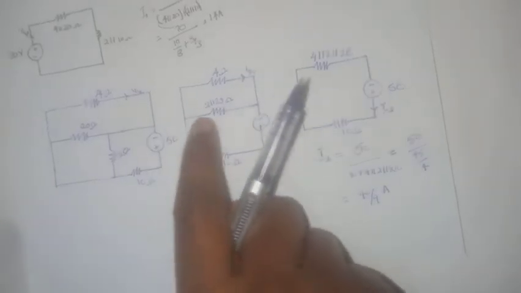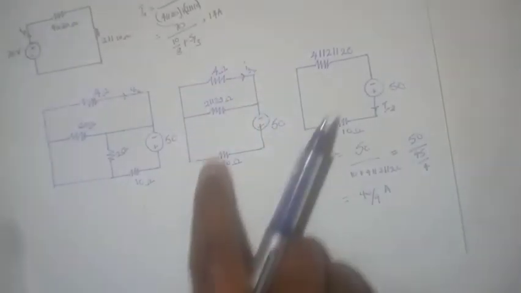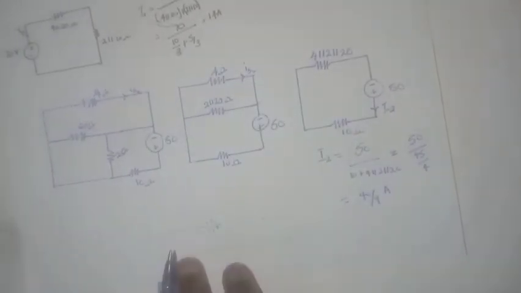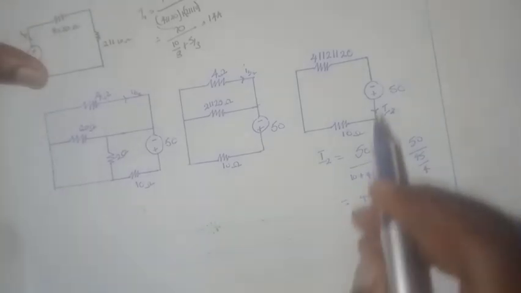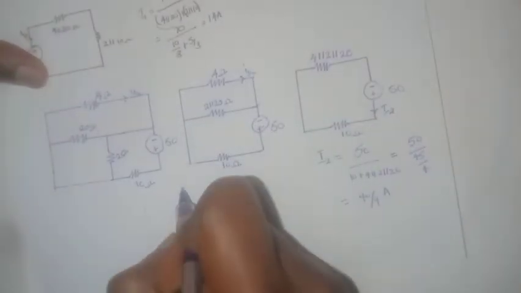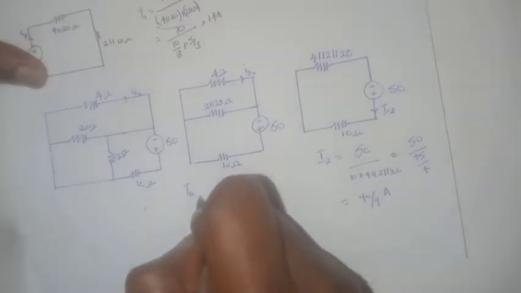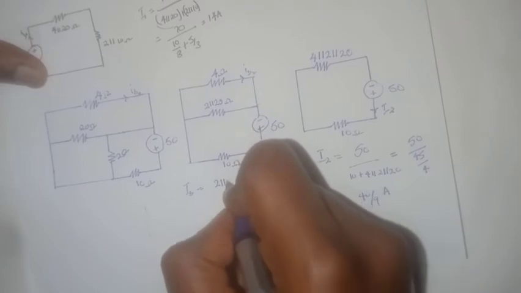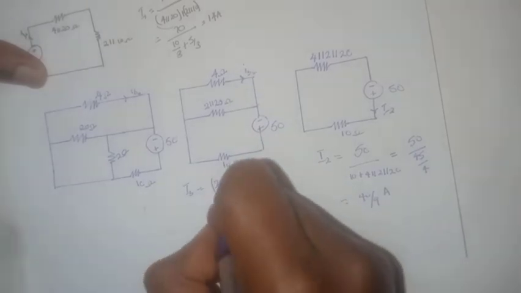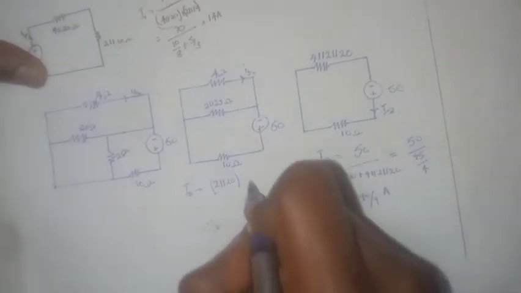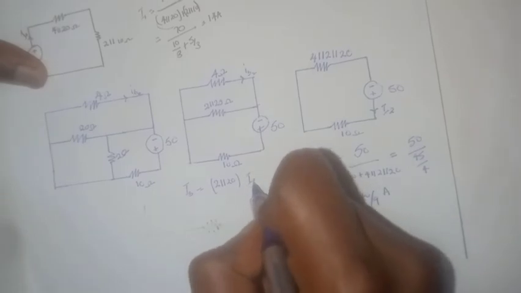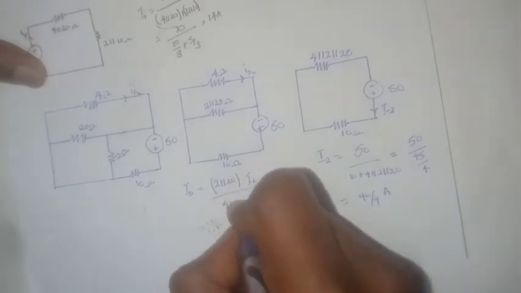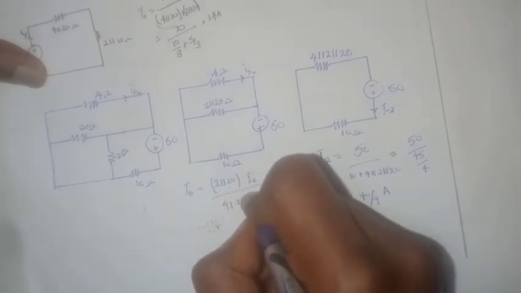Then for IB2, we would have to use a current divider at this junction. IB2 equals 20 in parallel with 2 multiplied by I2 divided by 4 plus 20 in parallel with 2.